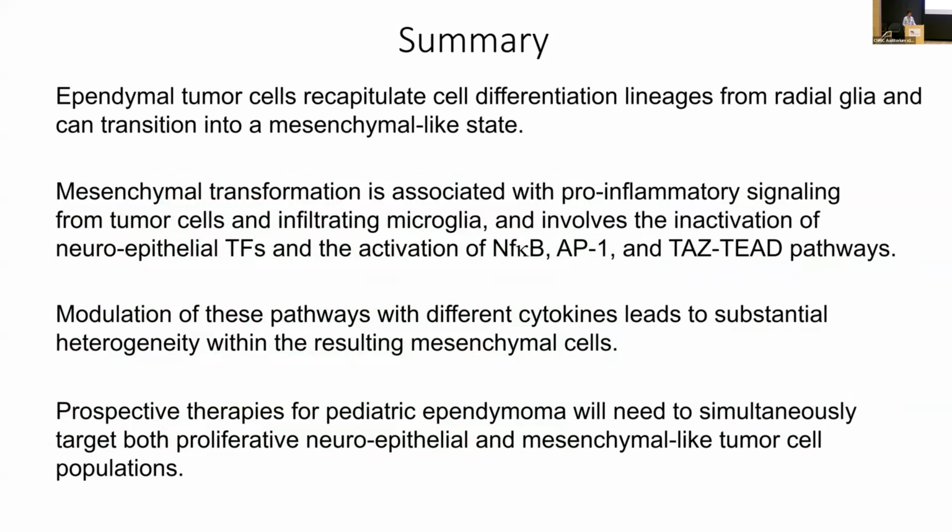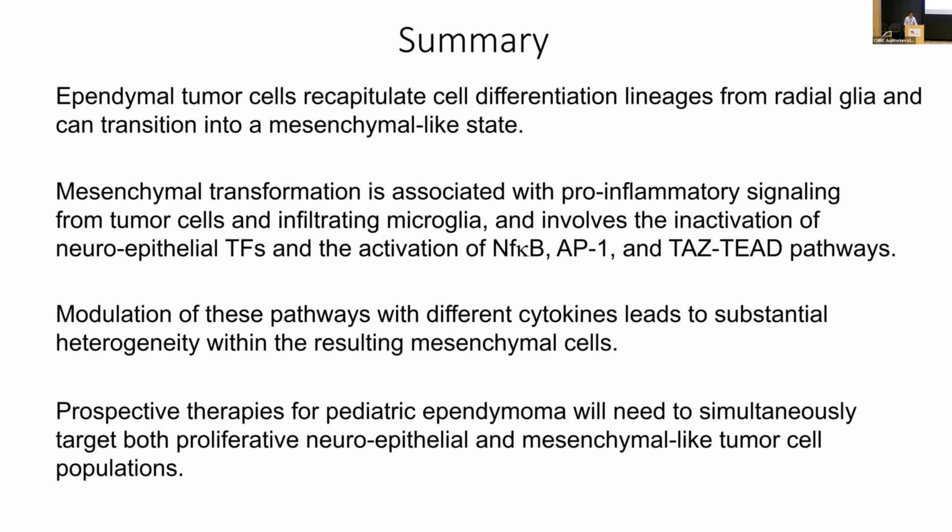So just summarizing, ependymal tumor cells recapitulate cell differentiation lineages from radial glia and can transition into a mesenchymal-like state. This mesenchymal transformation, we think, is associated with pro-inflammatory signaling from the tumor cells and infiltrating microglia, and involves the inactivation of neuroepithelial transcription factors and the activation of NF-kappa B, AP1, and STAT pathways. Modulation of these pathways with different cytokines leads to substantial heterogeneity within the resulting mesenchymal cells.